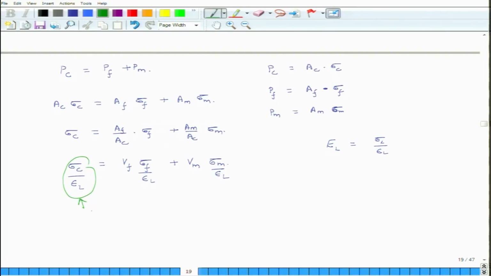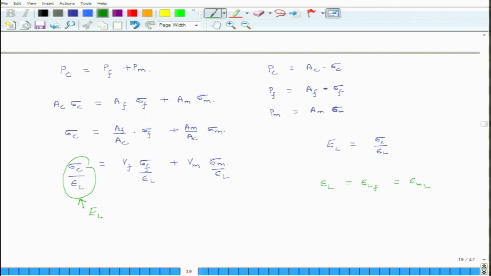This becomes EL. Now, epsilon L is the strain in the composite, but we have said that the fibers and the matrix are bonded perfectly together. So, this is same as strain in the L direction in fiber, and this is also same as strain in the matrix in the L direction, right.